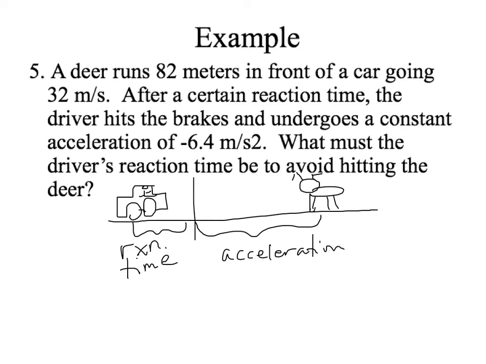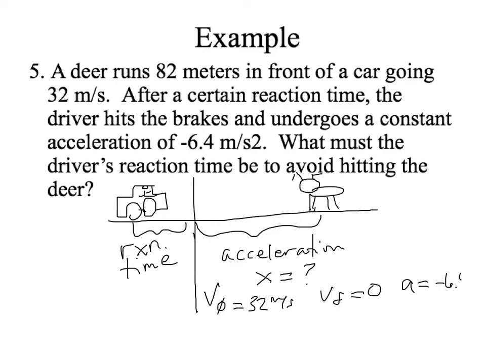So what you want to do is to solve for x right here. You want to solve for that acceleration from going your initial velocity of 32 meters per second and stopping with an acceleration of a negative 6.4.